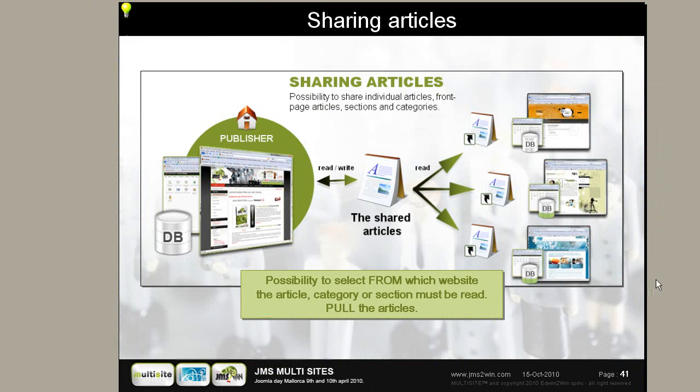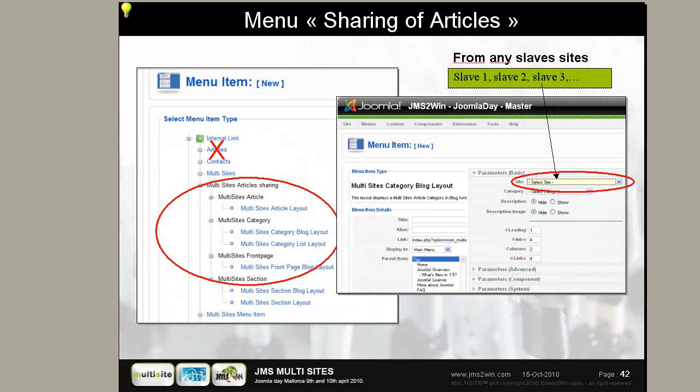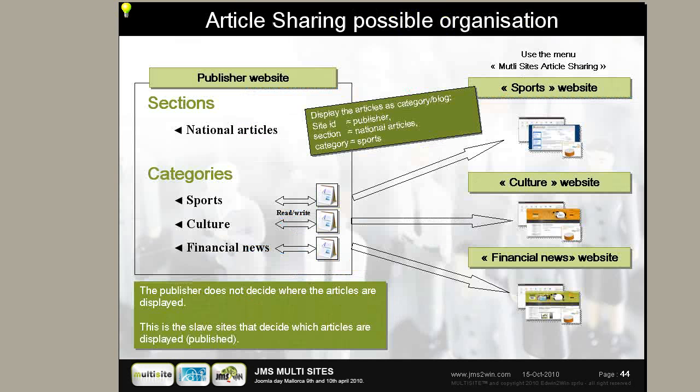So the idea is to be able to select articles coming from other websites. This creates a specific menu. And the idea is to create a national article section where we will put some articles that can be displayed by the other website.